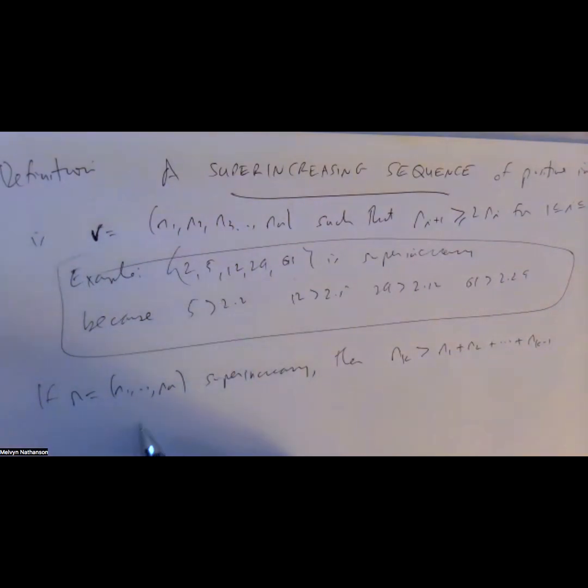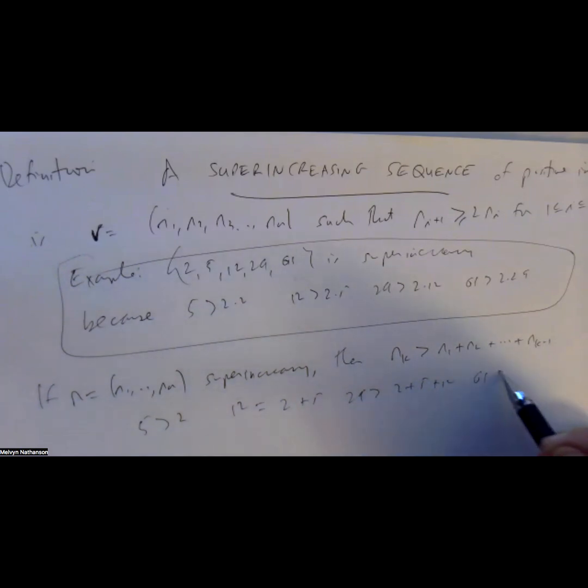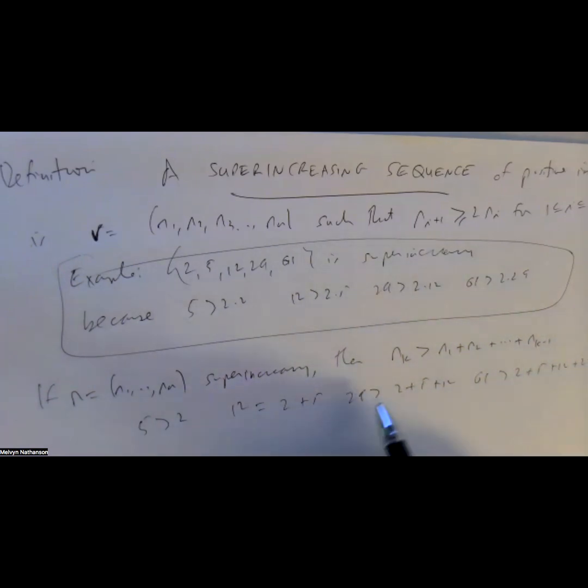So if you look at this, 5 is bigger than 2, 12 is bigger than 2 plus 5, 29 is bigger than 2 plus 5 plus 12, and 61 is bigger than 2 plus 5 plus 12 plus 29. Each term is bigger than the sum of the previous terms. So why is that? Well, you can prove this by induction.